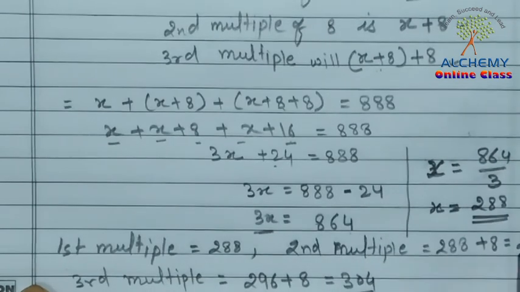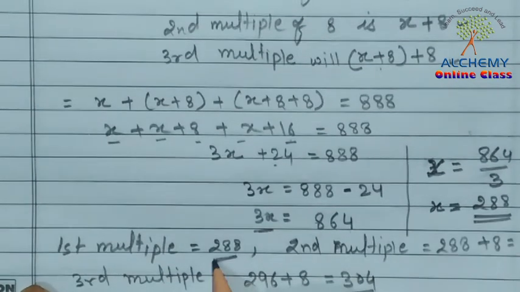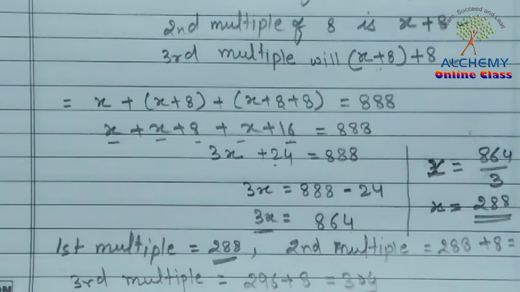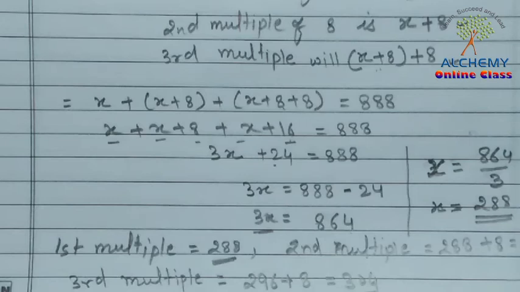So these are the three multiples. When we add these three multiples of 8, we get the result 888. Okay, that's it.